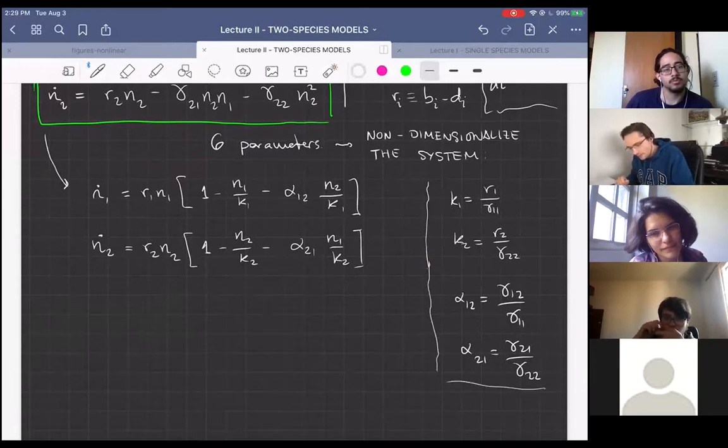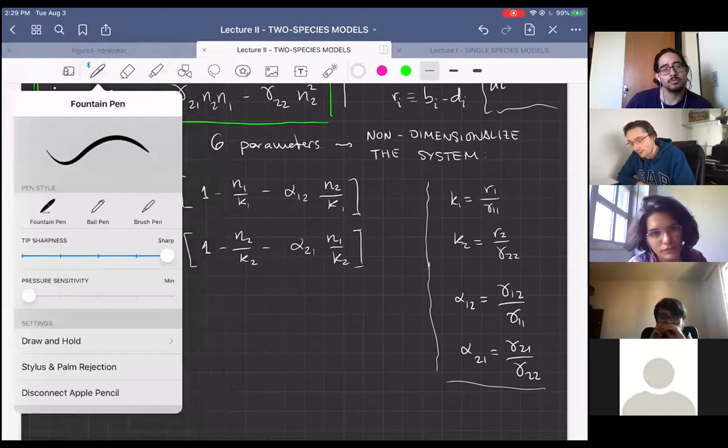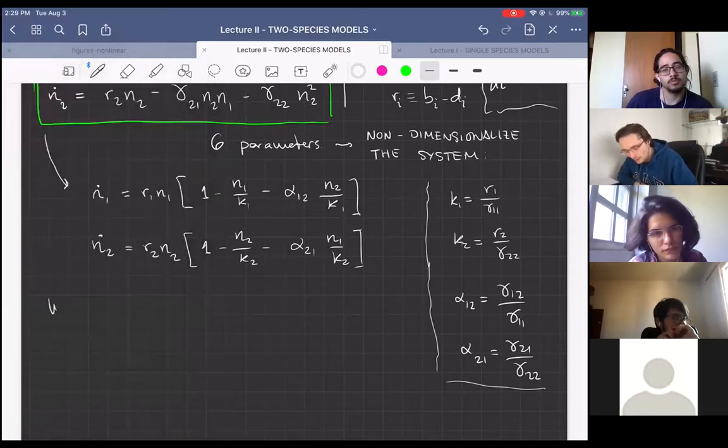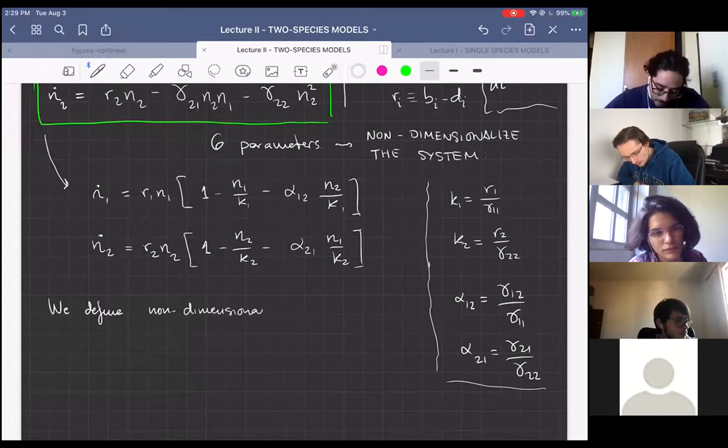So the last step is, now we have this equation written in a more, I don't know if direct, but at least more common way. And what we can do is to finally define what are going to be our non-dimensional variables and non-dimensional parameters.